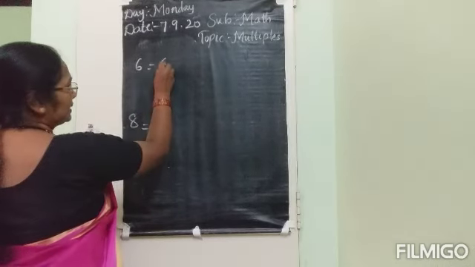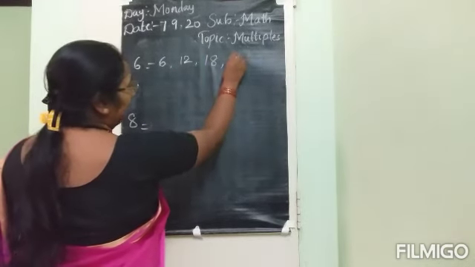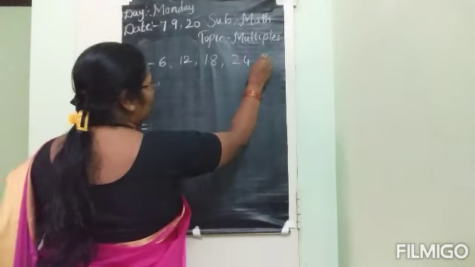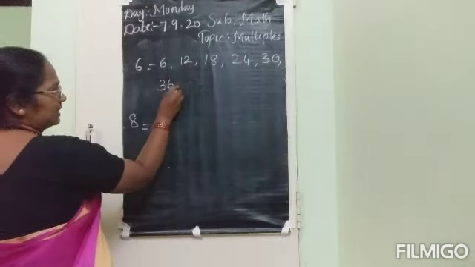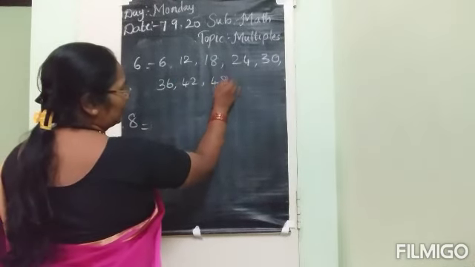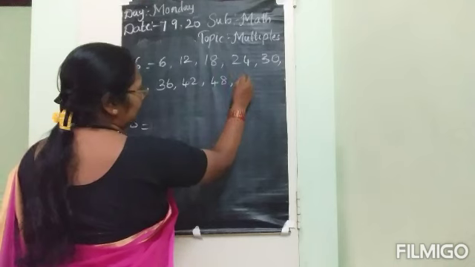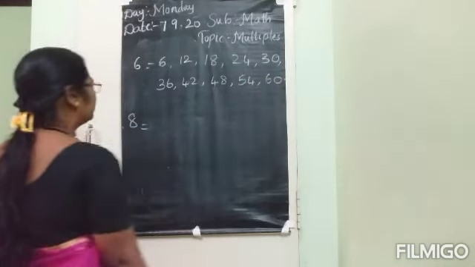6 1s are 6, 6 2s are 12, 6 3s are 18, 6 4s are 24, 6 5s are 30, 6 6s are 36, 6 7s are 42, 6 8s are 48, 6 9s are 54, and 6 10s are 60.